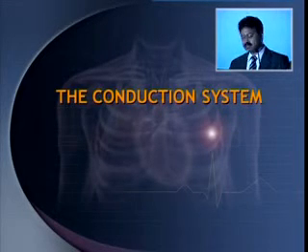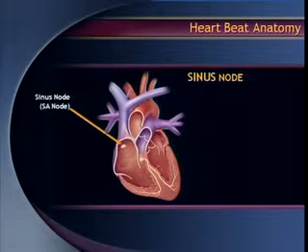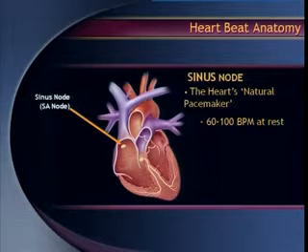Where does it begin? It begins from the SA node. It is called the electrical powerhouse of the heart. The SA node is situated in the right atrium at the junction of the SVC, at the upper end of the sulcus terminalis, with specialized cells which have their own activity for producing the electrical current.